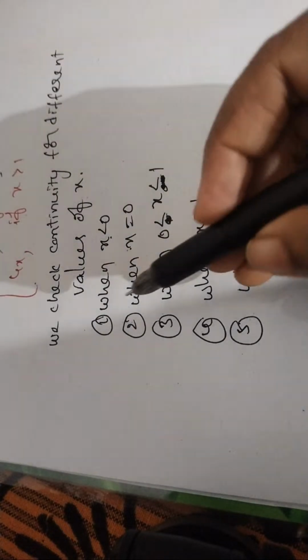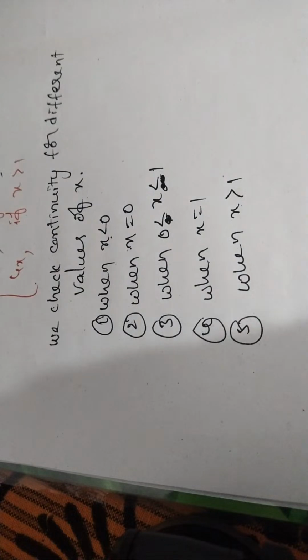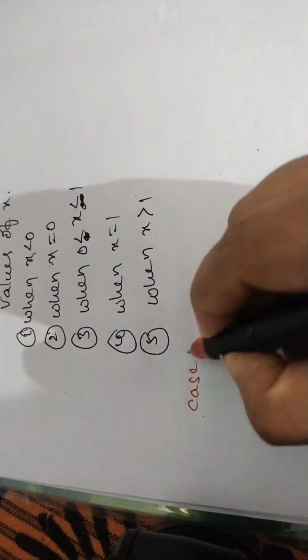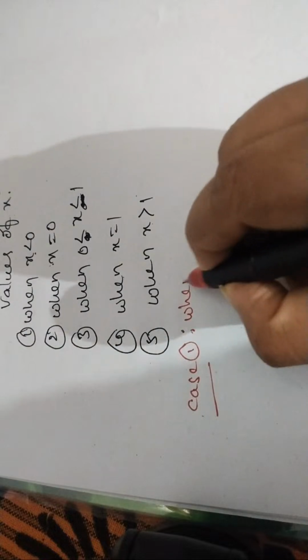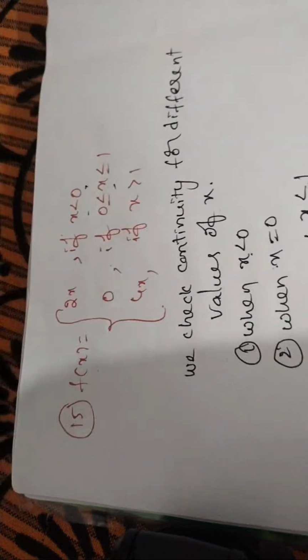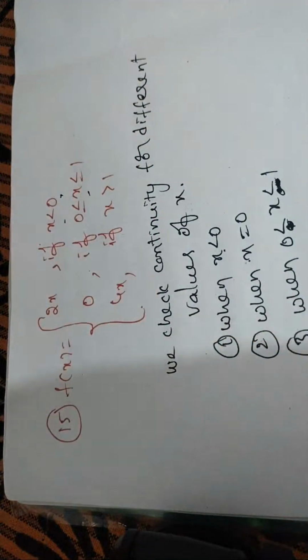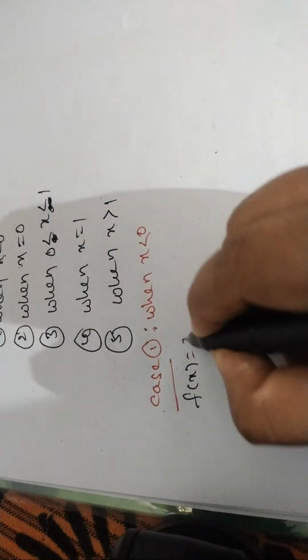I will begin with the first case. The first case is x less than 0. Case 1, when x less than 0. When x less than 0, what is the function at that time? The function is 2x. So f of x is equal to 2x.